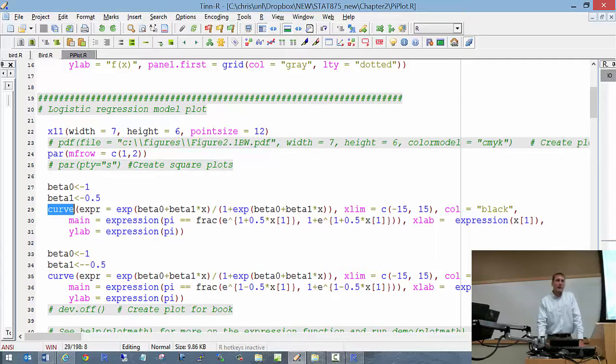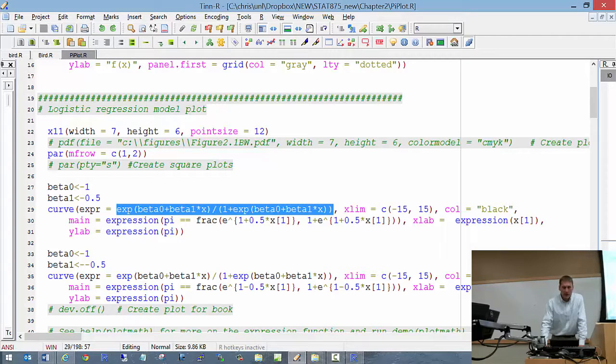I need to put in the function that I want plotted, written in terms of x. So I take the exp function, exp of beta 0 plus beta 1 times x, divided by 1 plus exp of beta 0 plus beta 1 times x. By default, R puts 101 equally spaced values of x in there, spaced between negative 15 and positive 15.